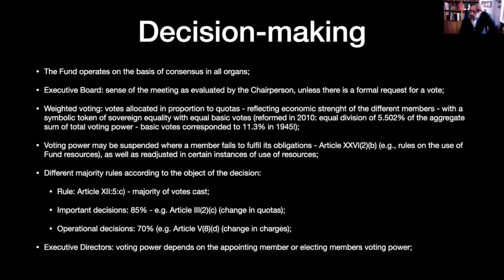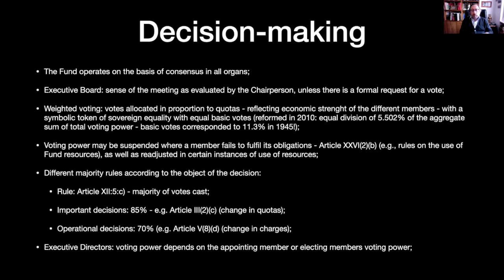Now, just as in quotas, as we've seen, quotas vary depending on the economic importance of a country and its GDP and its openness to international trade. But then votes are granted in alignment with quotas.